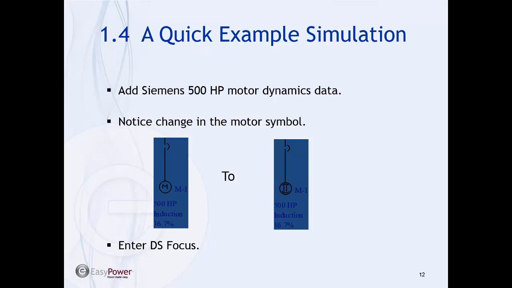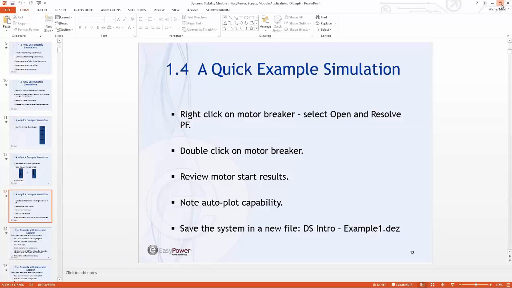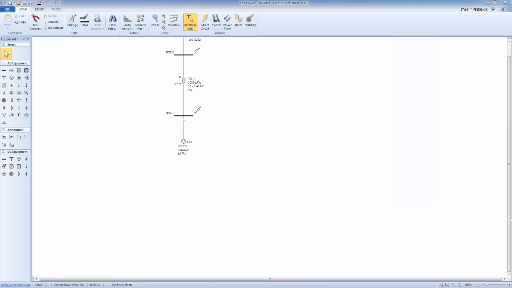Now we are coming from a higher level a little bit lower, and we get closer to the component level here. So we're gonna add the parameters for a 500 horsepower induction motor here, and then we will enter DS focus. So I'm gonna escape for now, remove it, go here, and so utility, no change in data.